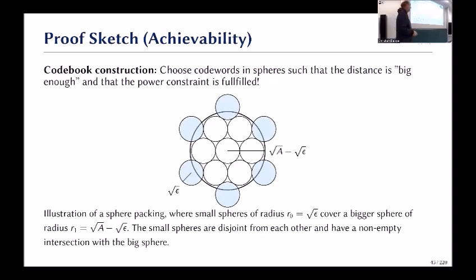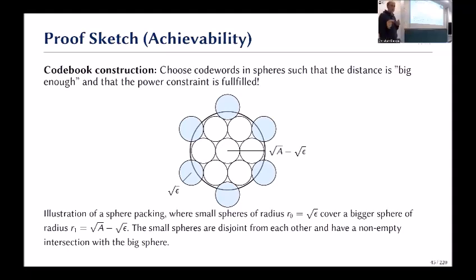The idea of the construction is somehow really easy, because we choose here a sphere because of the power constraint, and now we pick the code word. So each code word is surrounded by a sphere, and we look how many spheres can fit into this big sphere here. So somehow we do some sphere packing.